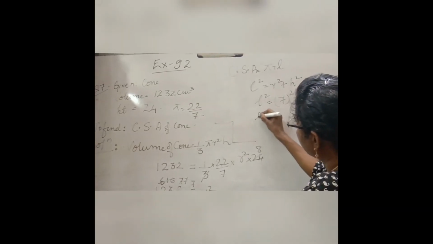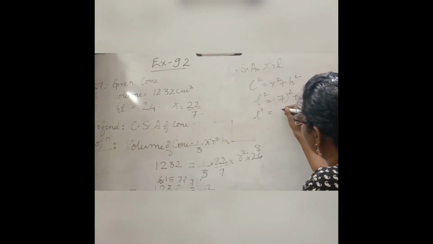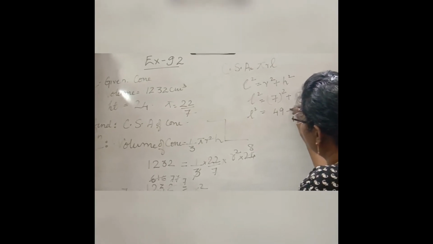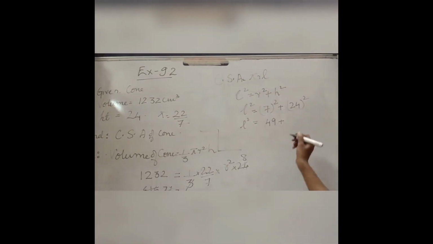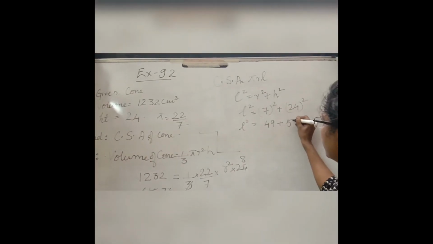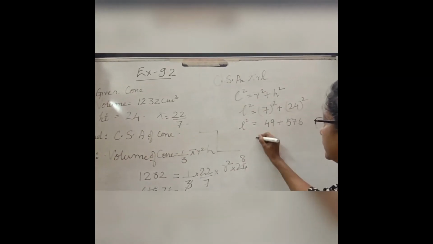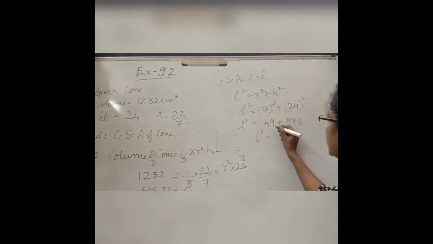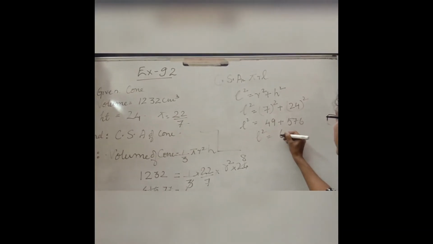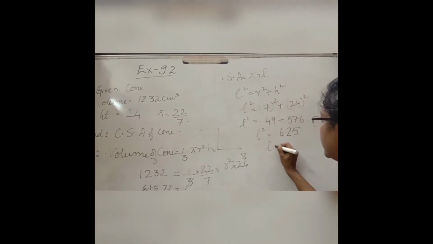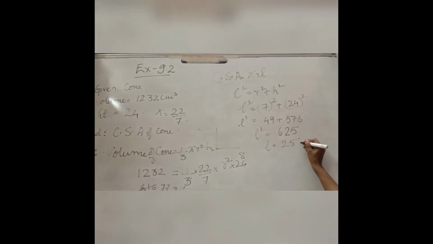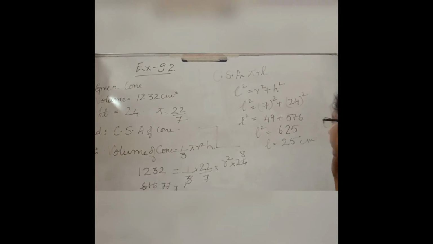So that is L square 49 plus 576. L square is equal to 625. So L is equal to 25 centimeter.